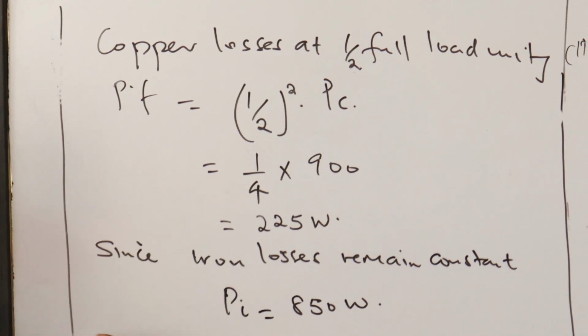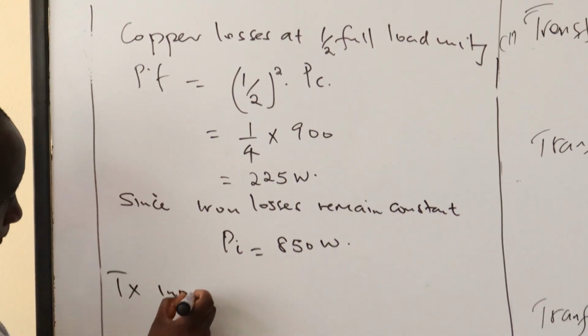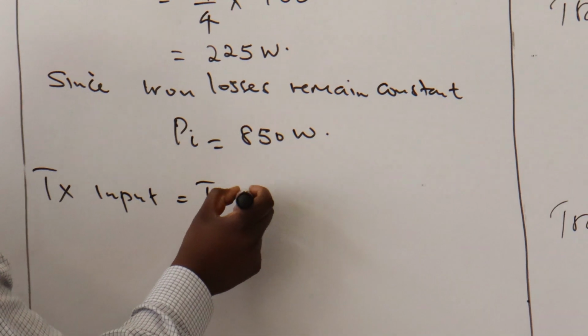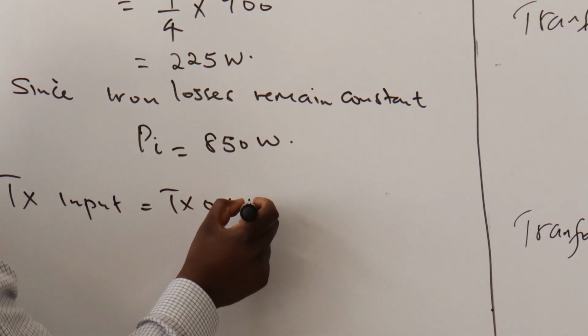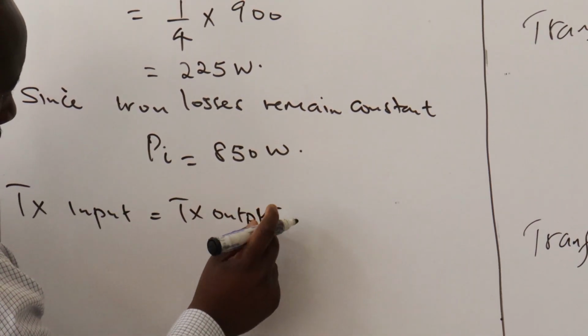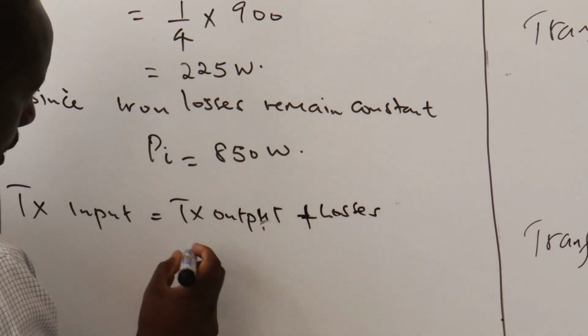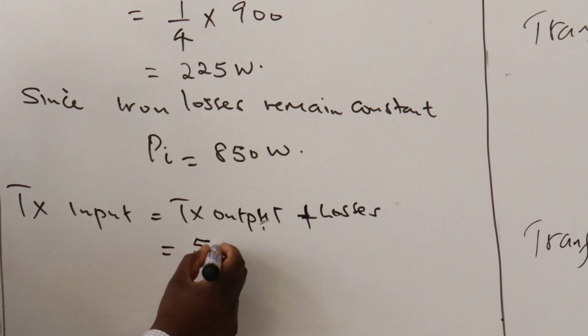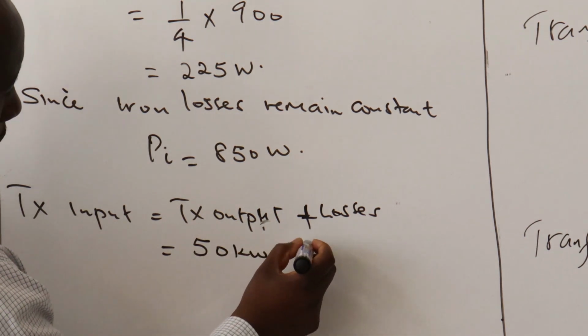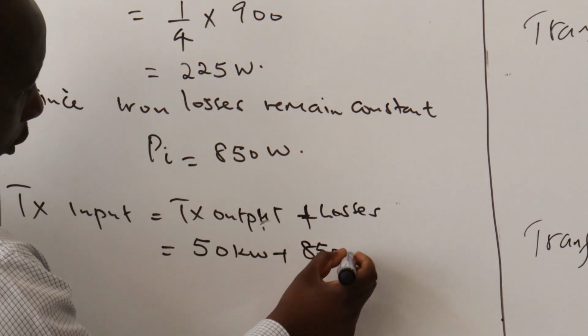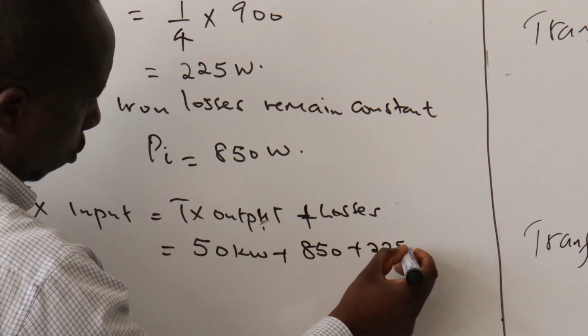So the transformer input is supposed to be transformer output plus losses, and this means that we shall have 50 kilowatts plus 850, which is iron losses, plus 225 watts.